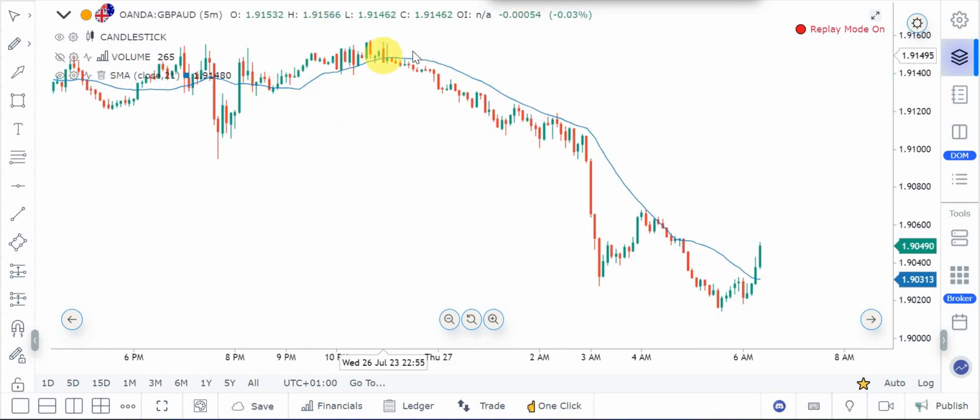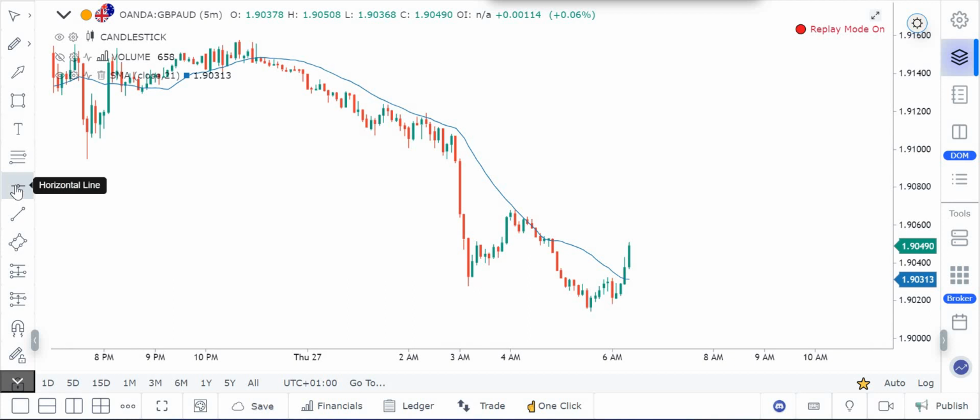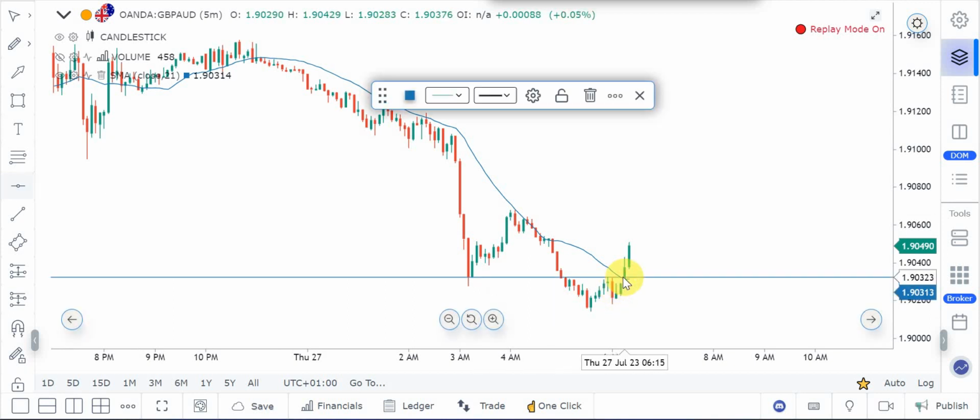You wait for the market to cross the moving average. By the crossing of the candle here, this is the point we have the cross. We are going to be entering as soon as the candle closes and there is a cross above this moving average.